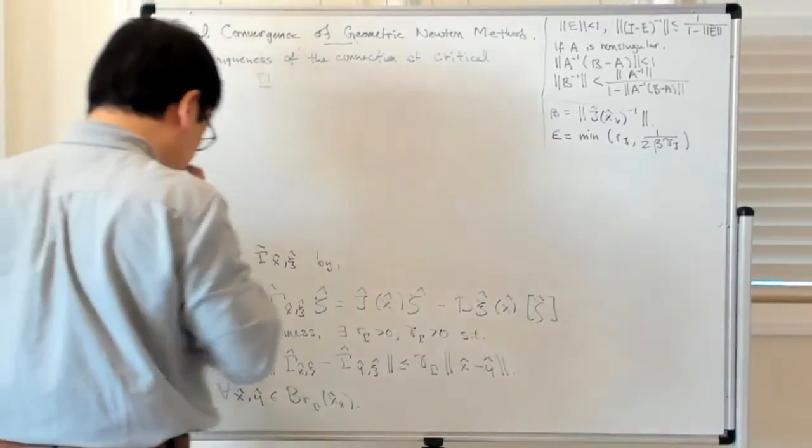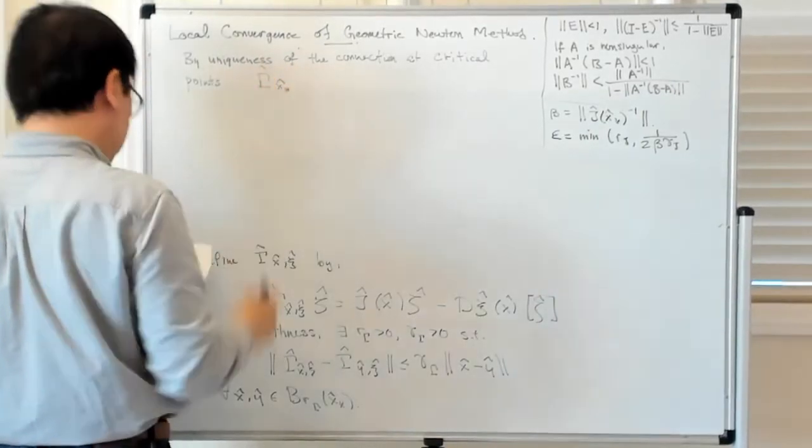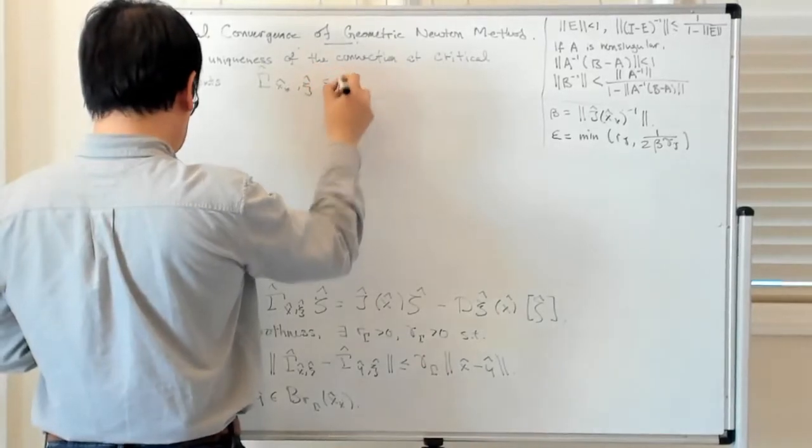Then this gamma hat at x star hat, because c hat is equal to 0.